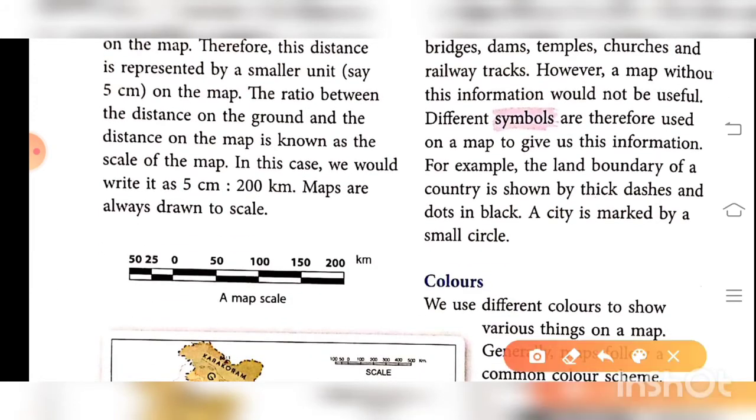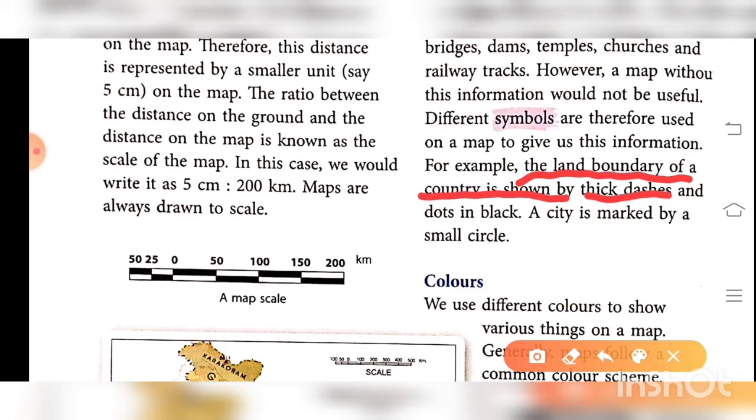For example, let's see how the symbols represent things. The land boundaries of a country are shown by thick dashes and dots in black. The land boundaries mean the boundaries of states and other countries.